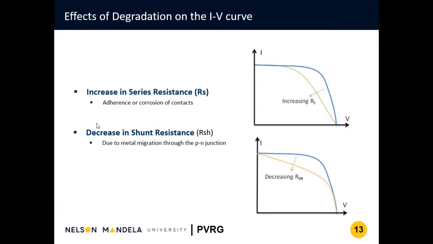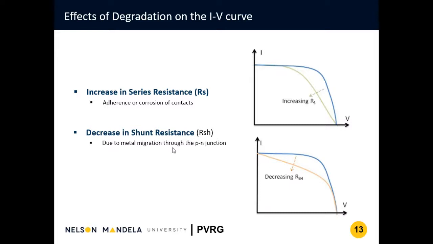If you have a decrease in your shunt resistance, which also occurs through the occurrence of PID or due to metal migration through the PN junction, then the IV curve will drop down in this region due to the decreasing shunt resistance.